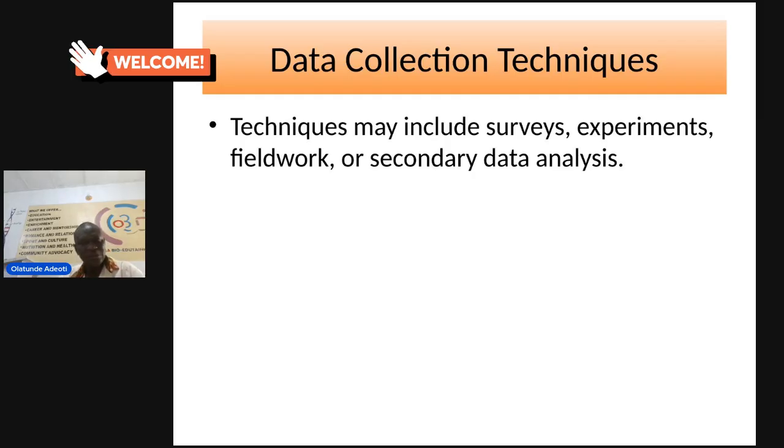Chapter 1 is your introduction, and I've given you what should come under introduction, which includes the background to your study, statement of the problem, rationale, justification, objectives, which are broad objective and specific objectives.